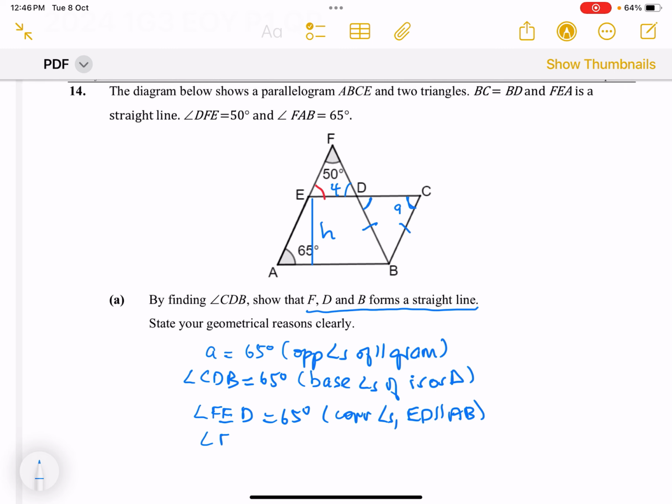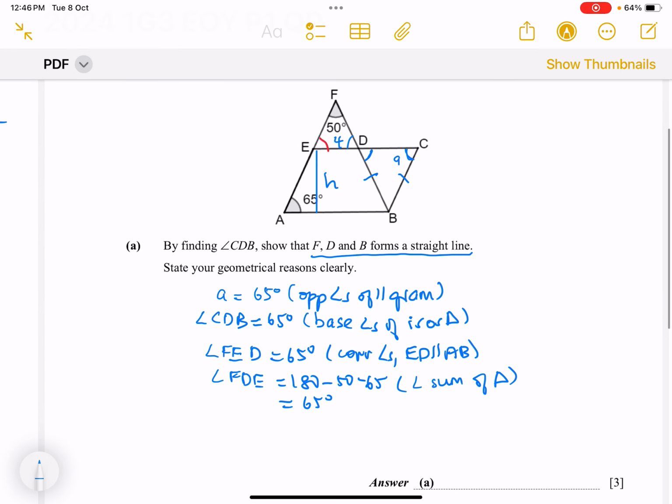Okay, so now we can find the angle FDE. Angle FDE is 180 minus 50 minus 65, which is 65 degrees. Right, so this is the angle sum of triangle. So now we have shown that CDB is 65 and FDE is also 65.